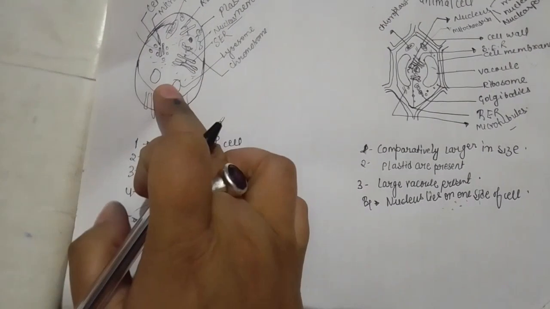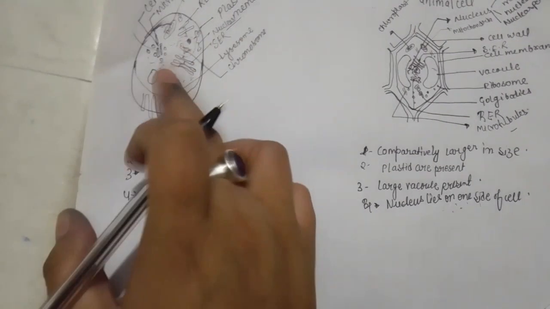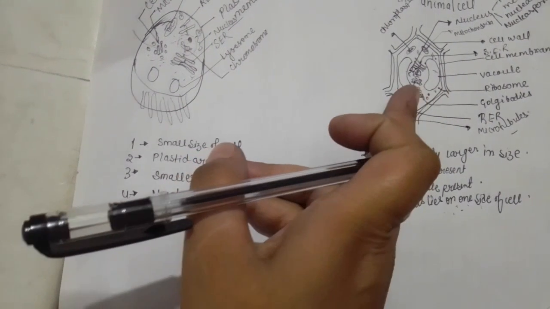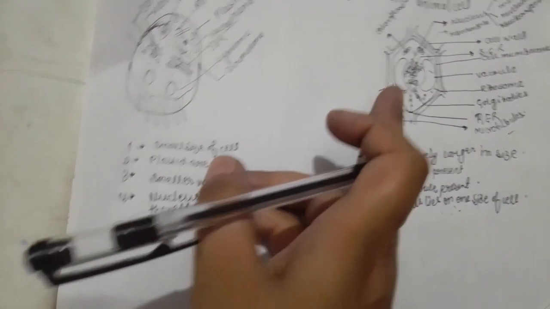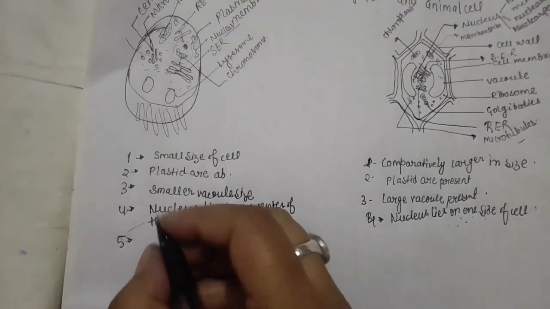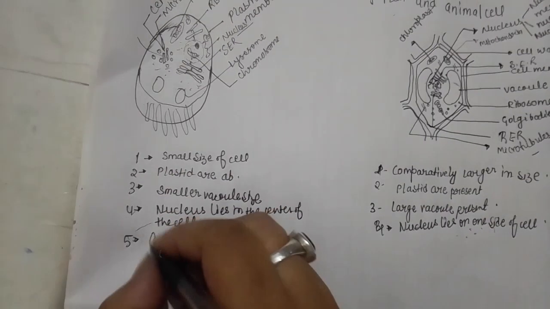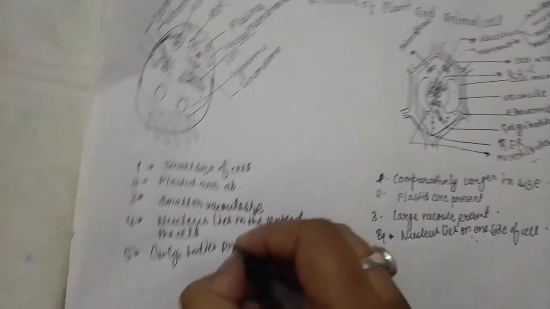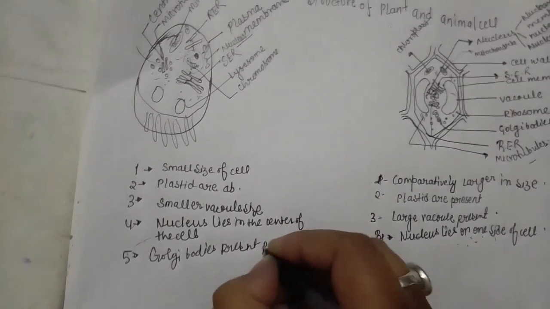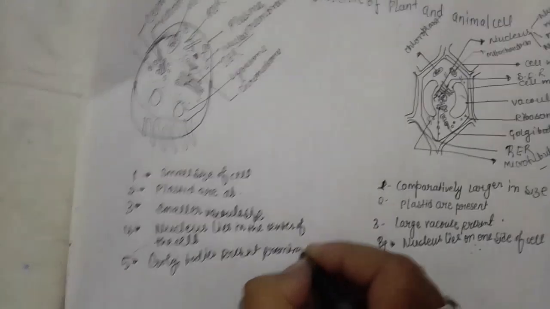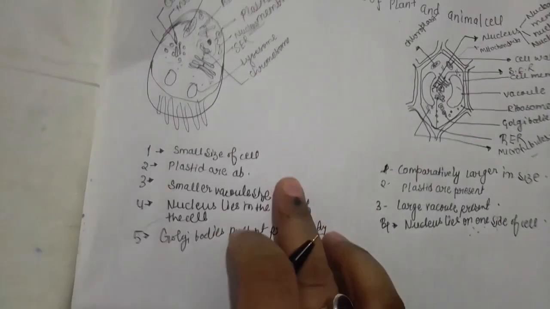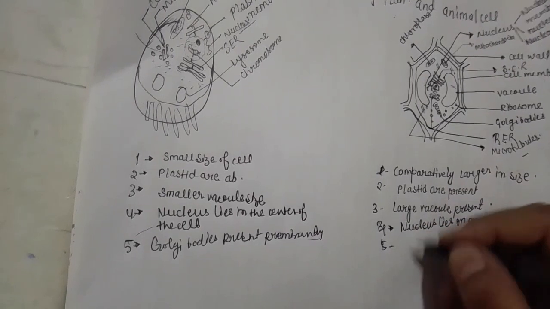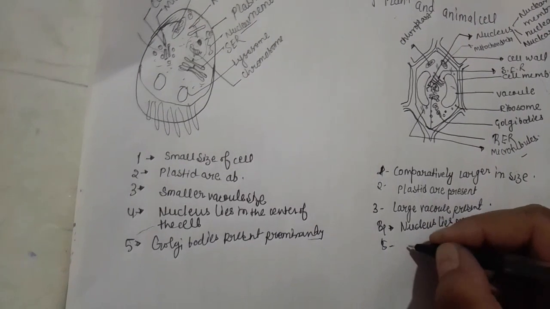Come to the next one, number 5. Golgi apparatus is present here, right? Prominent Golgi apparatus is present here, and here Golgi apparatus is present but in a segmental form. Clear? So here Golgi bodies are present prominently, and here they are present in the segmental form, which is known as the dictyosome.